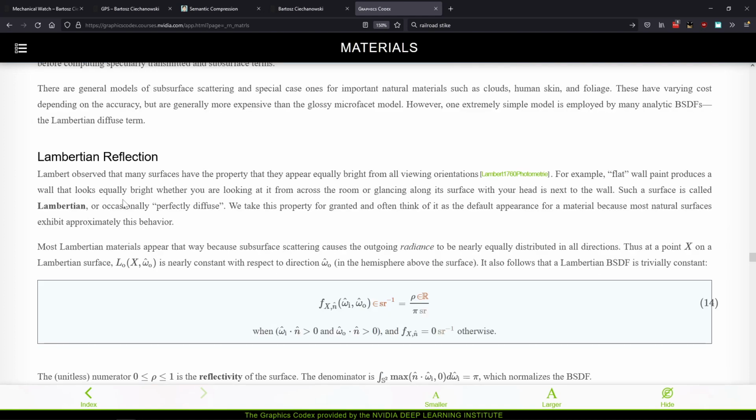Lambertian diffuse term. Perfectly diffuse.